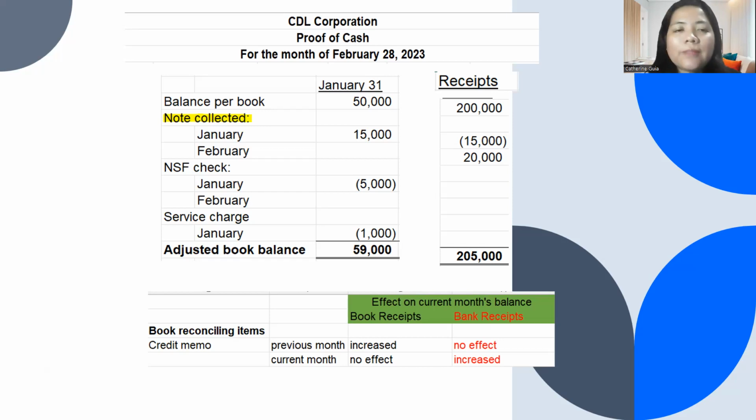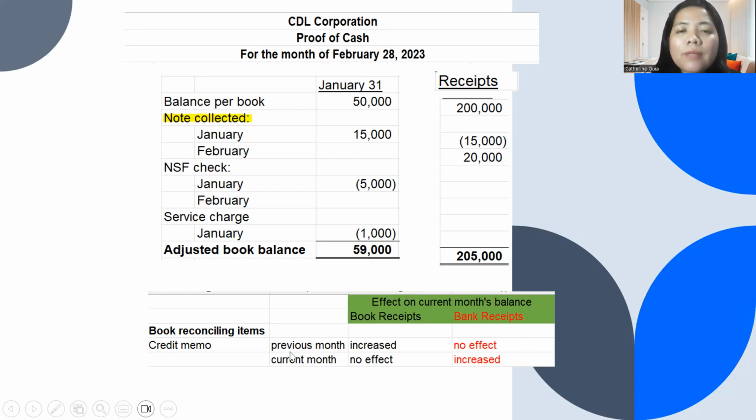So let's analyze. The January note collected does not affect the bank receipts, but increased the book receipts. What's the effect? It results in the overstatement of our book receipts because the depositor only recorded the credit memo this month. So you have to deduct the previous month's note collected.